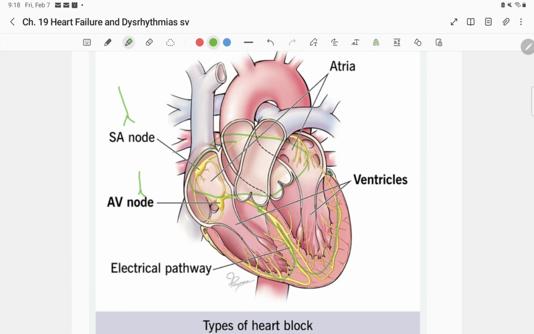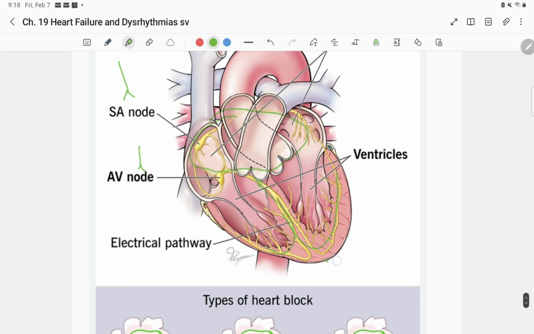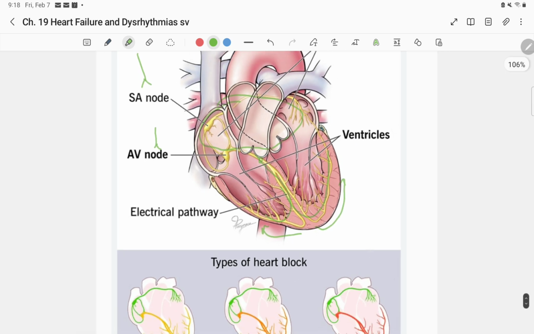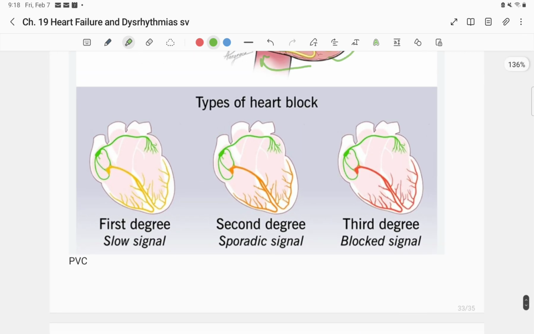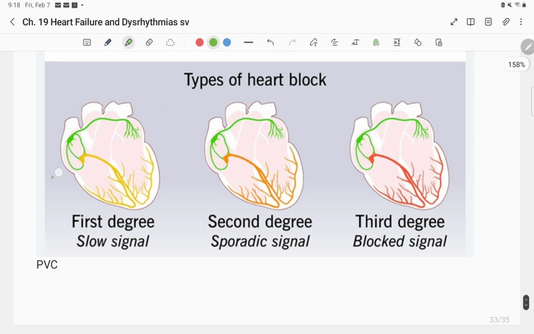So that's your bundle of His, the right and left bundle branches, and then Purkinje fibers that go up. So that's the electrical pathways of the heart. And then with heart blocks, there's just simply some sort of error in the electrical signal that slows down or creates sporadic or blocked electrical signal.